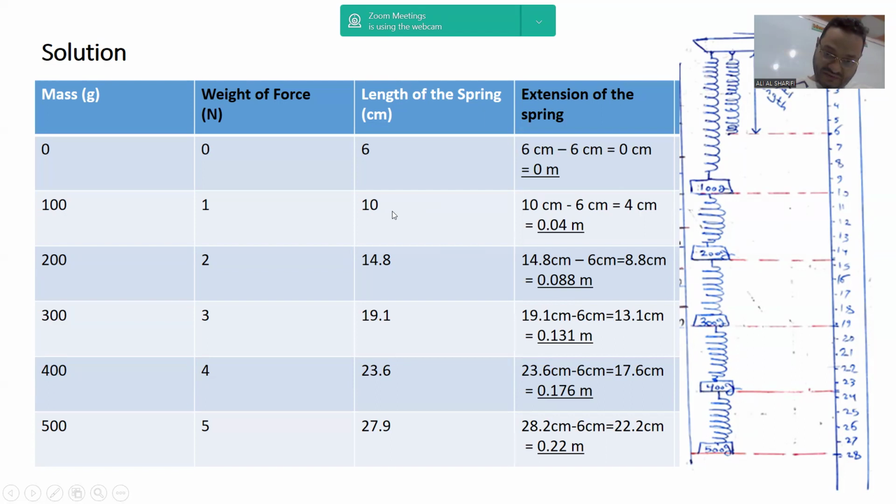But here the situation is different. 9 cm minus 4, the new length minus the original length, equals 4 cm. You must convert it to meter, to be 0.04 meter. The same thing with the others, convert them to meter.